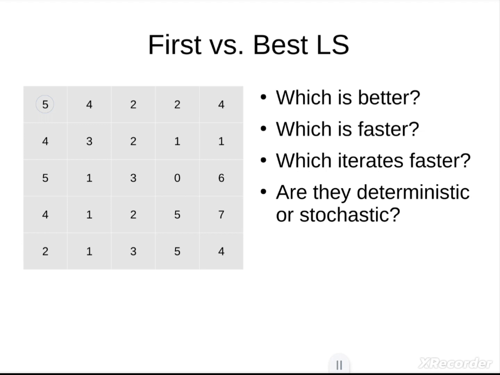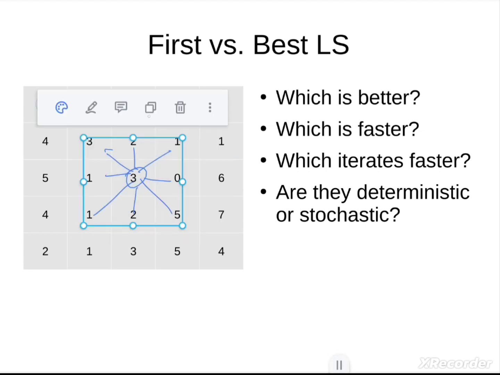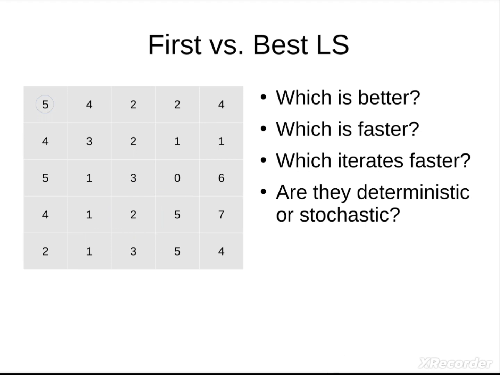Well, that depends. In this case, if we could move from one position to any of the eight neighbors, then if we start in this cell, we will get to this point, which is not the best solution, if we apply the best improvement strategy.